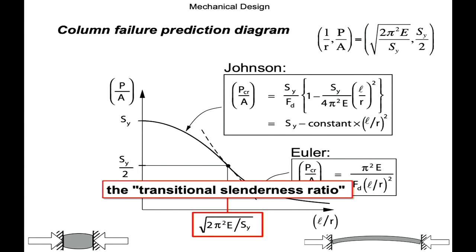So the best you can do sometimes is make a best guess. Can whatever it is cope with a certain quantity being put into an equation? Do a check, find out is it Euler or Johnson? One simple way is, have you got enough information to check whether L on R is greater than or less than that particular value? That helps you on your way. Because otherwise, you're just lost. Which equation do I use?